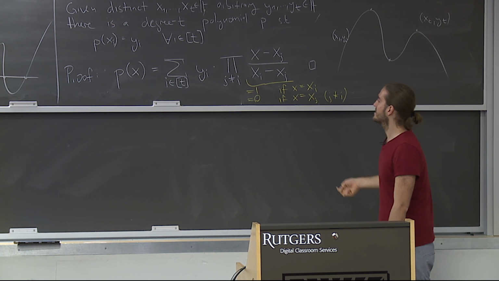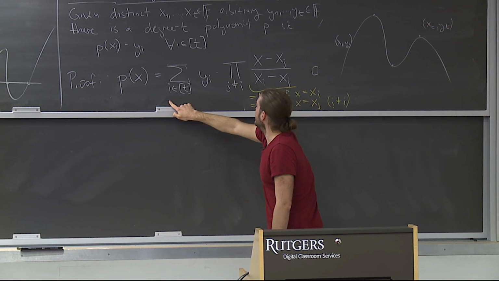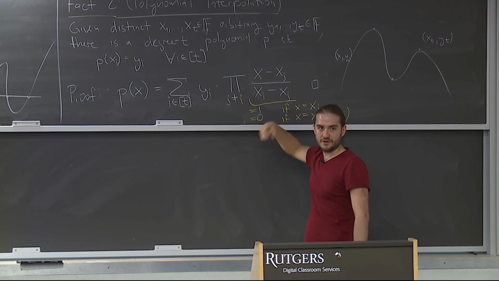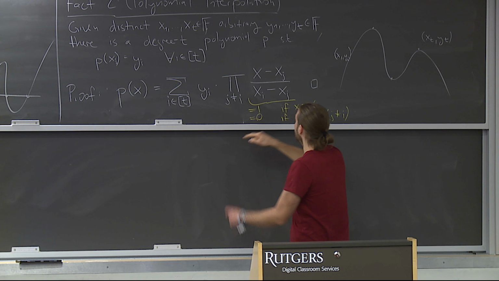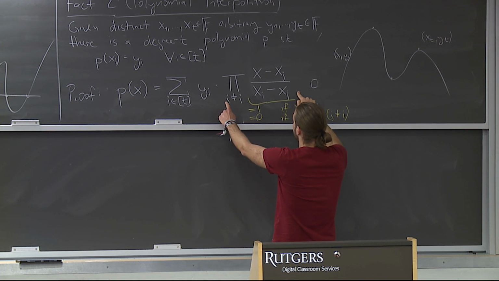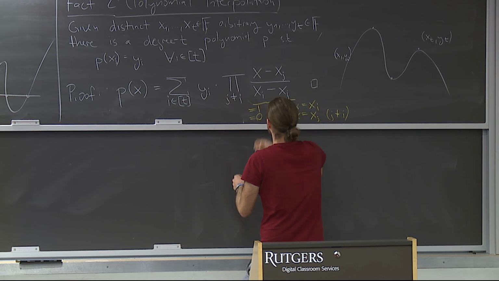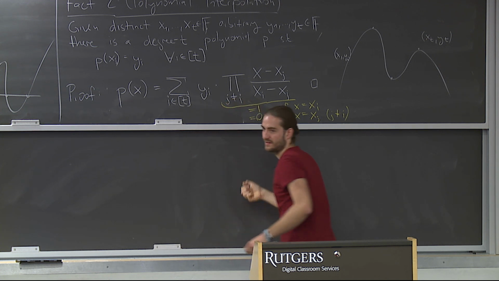Which means that if you plug in xi, then in this entire sum, all the terms are going to vanish, except for the ith one. In the ith one, this entire product here, I want to include this in the bracket here. Sorry.